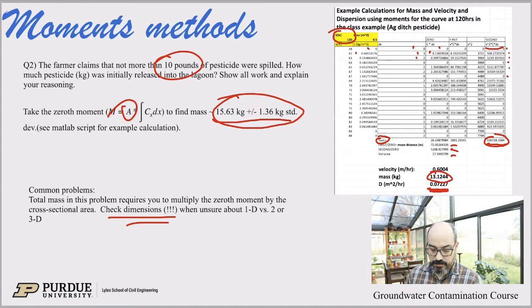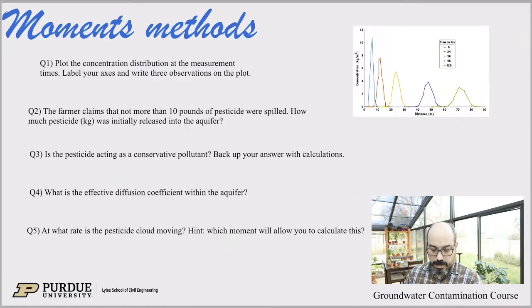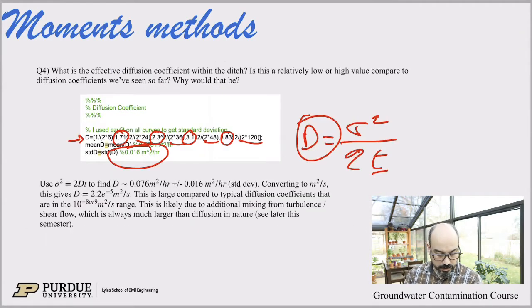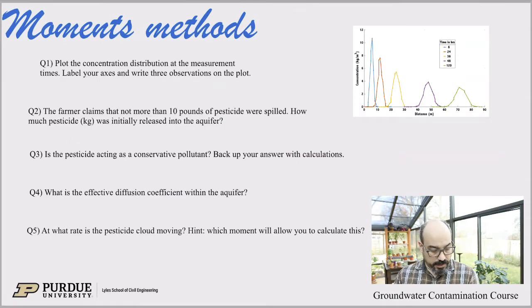So 0.07 is the dispersion coefficient calculated from the moment for the 120 hour, and 0.076 is the average if we calculate it by fitting a Gaussian to each of those pulses. Point being, the second moment works just fine. Just use the data, calculate the second moment, normalize it properly, find the variance, and find the dispersion coefficient. And then finally, how fast is it?